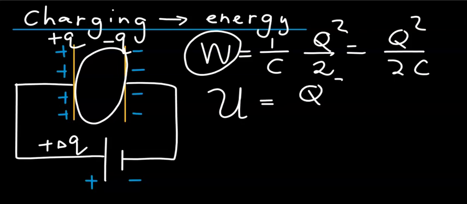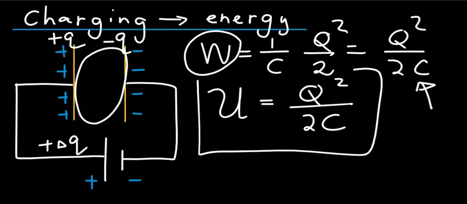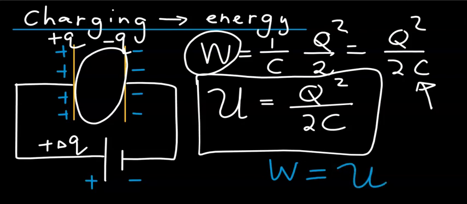And the expression for that potential energy is simply Q squared over 2C, which is exactly the same as that. And this is the result that follows from the idea of conservation of energy, which says the amount of work done is quite simply the potential energy stored within the plates of the capacitor.